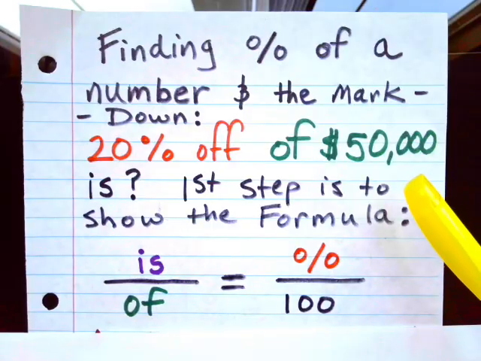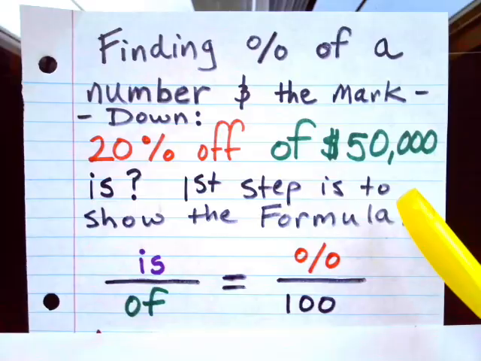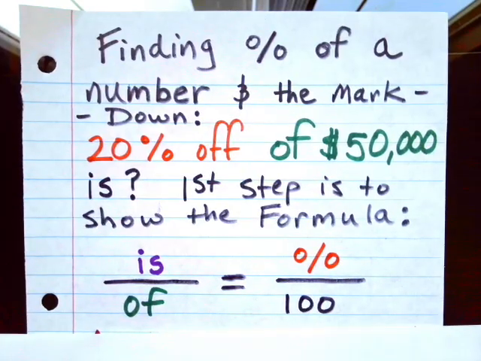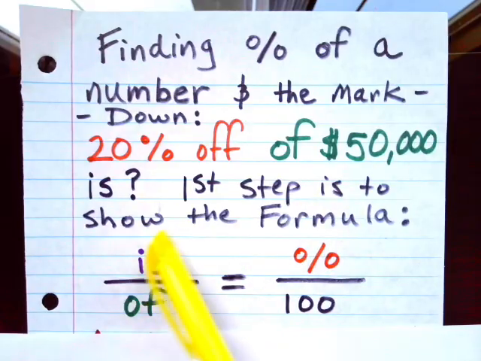I will answer that in a two-part series because I wanted to show you how to use the formula to answer the question, and also a second method to answer the question in finding percentages off. There's always more than one way to answer a question. You use the method that suits you the best. So the first step is to show the formula. I like the is over of, equal to percent over 100.